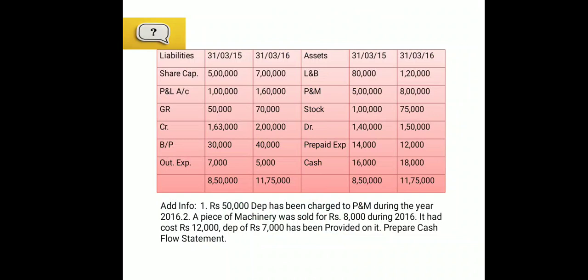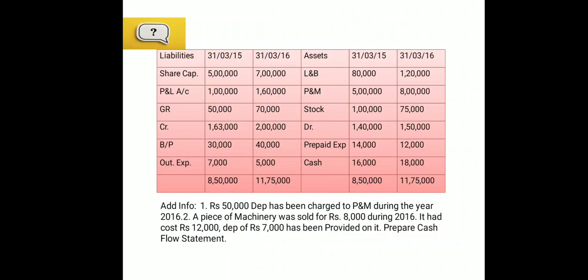And for that again we had the rules. I hope you remember the rules. There also I have told you, you don't have to remember all the 4 rules. Any one rule is sufficient. Okay, increase in current liability we need to add. So if any current liability is increasing compared to the previous year, we need to add that.